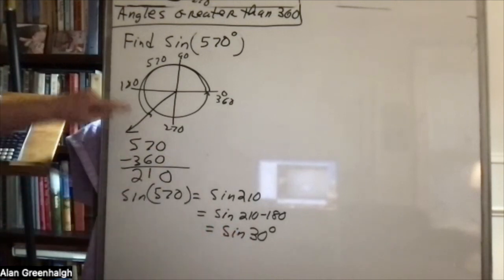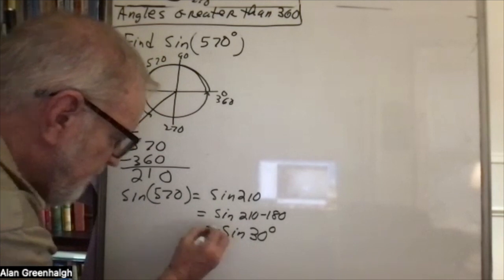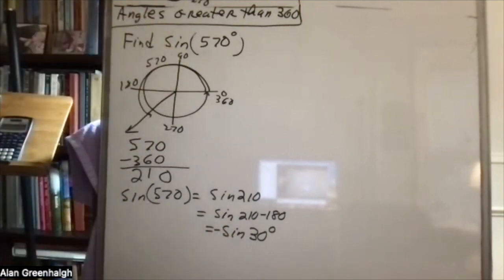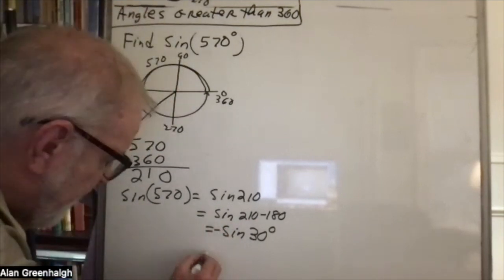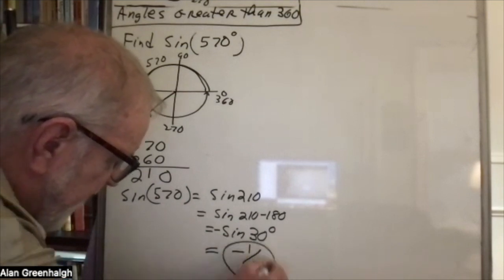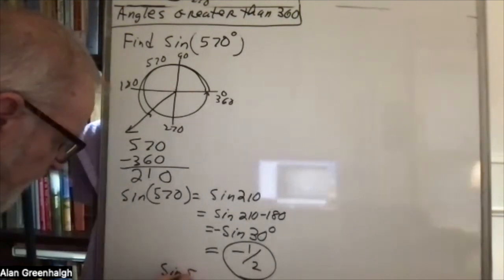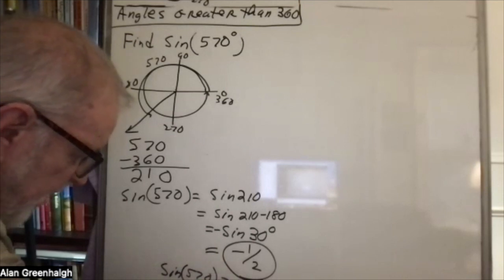But remember that the terminal line winds up in the third quadrant where the sine is negative. The sine is negative in the third quadrant, and therefore the answer will be negative 1/2. That's the answer. So in other words, the sine of 570 degrees is negative 1/2.